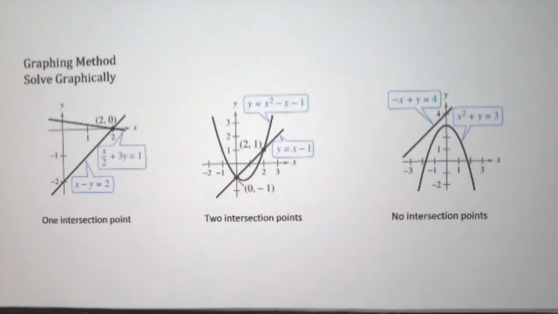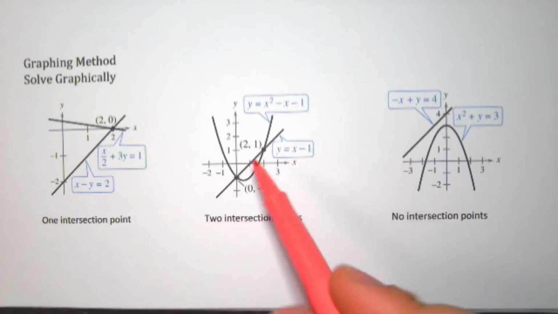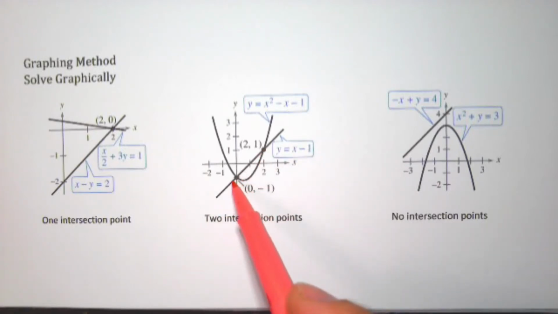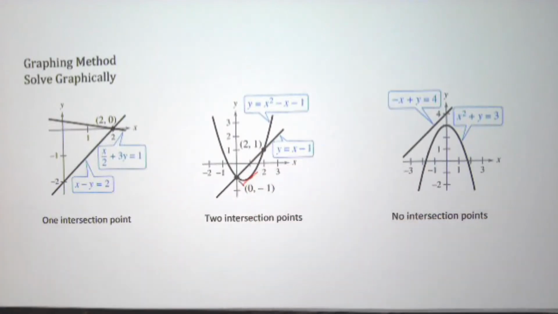If you look at the bottom of this page, it shows you the examples of what's happening there. If you have, say, a parabola and a line, what can happen? Well, it can intersect at 2 points. It could intersect at the tangent point, just at 1 point on the edge, or they could just not intersect at all. So we're going to be looking at either of these cases at the bottom.